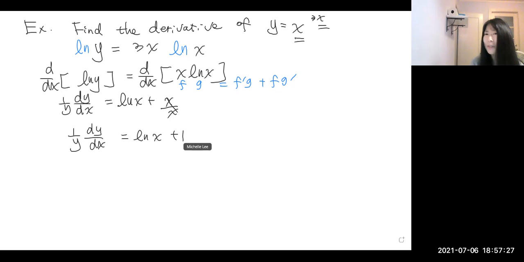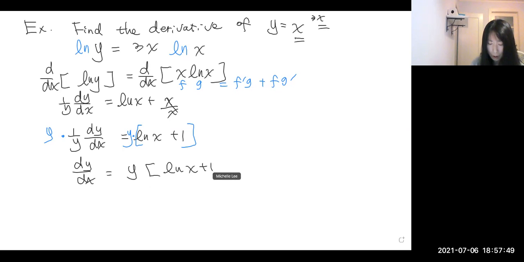Now we are going to solve for dy dx. So we are going to multiply by y, the whole thing. So this will be dy over dx equal to y times ln x plus 1. Sorry, did we lose 3x? That is correct, 3x.